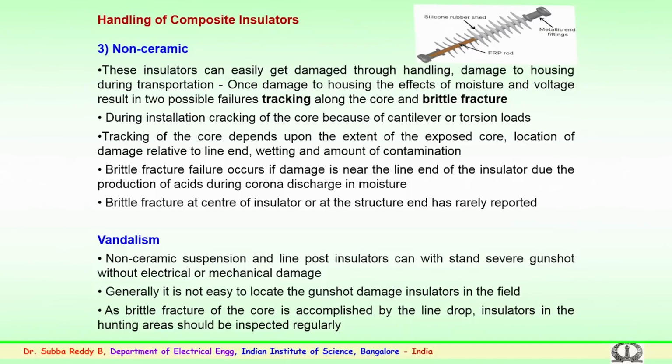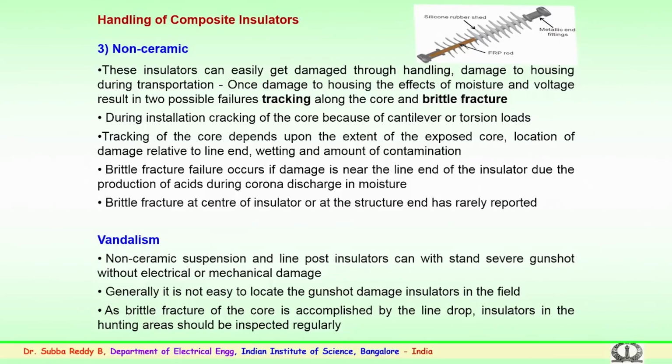So, once damage to the housing, the effects of moisture and the voltage stress could result in two possible failures, which will be discussed. It could be the tracking along the core or the brittle fracture, very serious to the non-ceramic insulator.